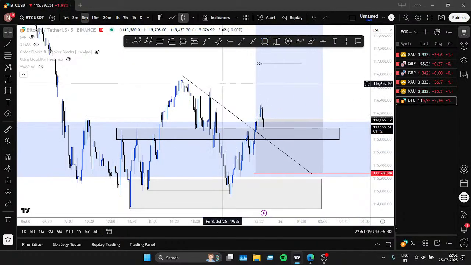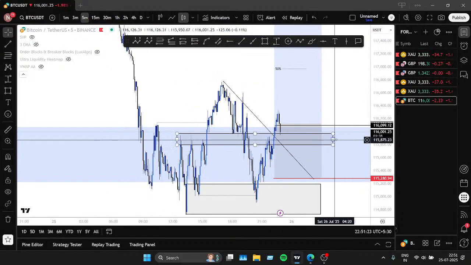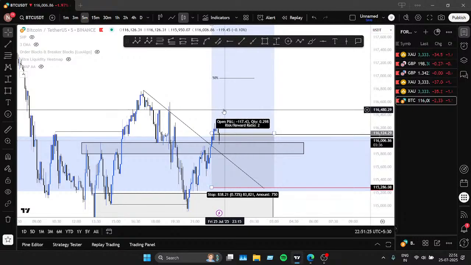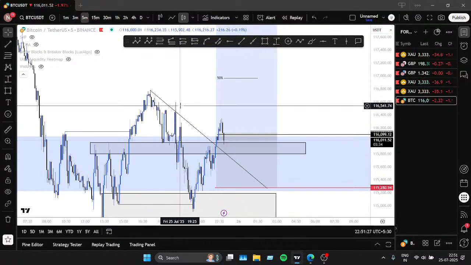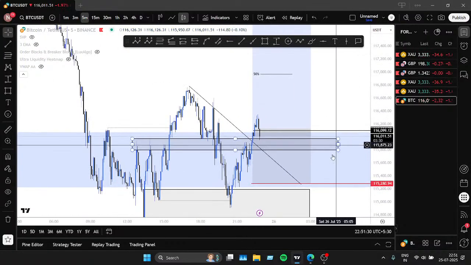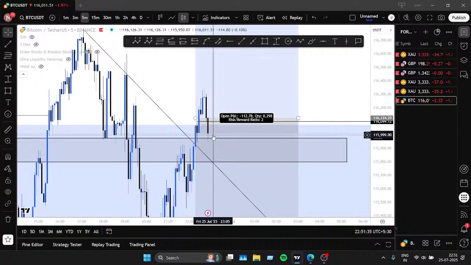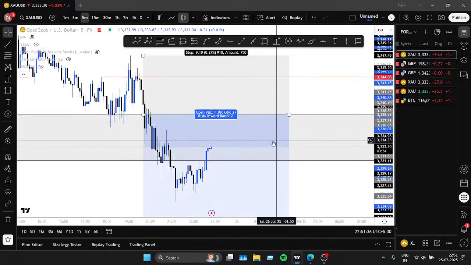The support zone forming right here. The neckline. And looks like buyers are stepping in, giving us a reaction from the downside. Let's see if it sustains that.